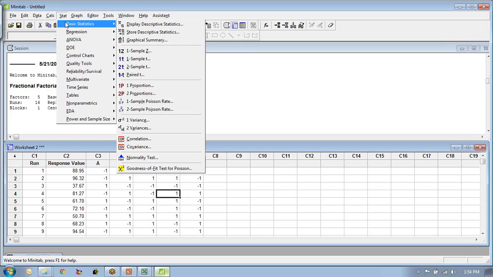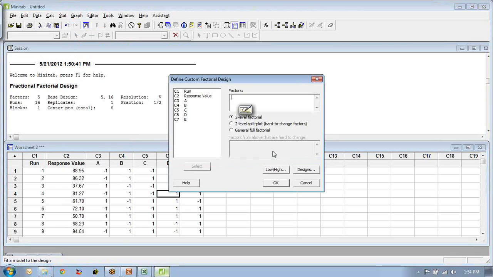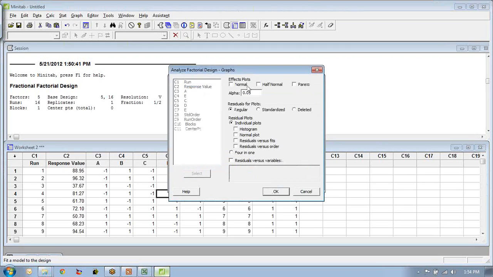And I'll just show you what I got in this case. Here are my factors, my low and high, my response, do my graph. I'm going to do the normal this time.